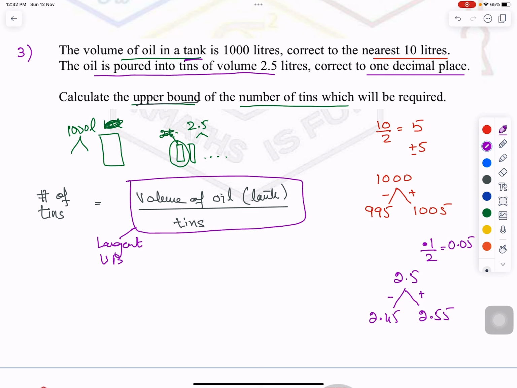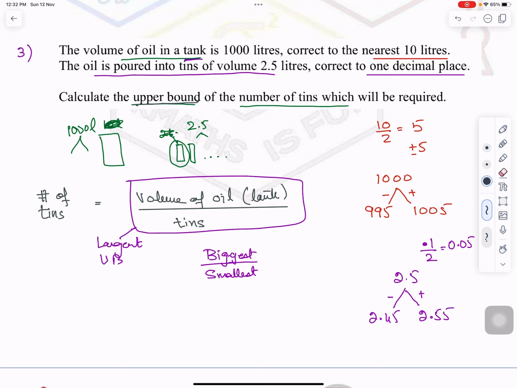Now this fraction will be largest only if your numerator is very big and your denominator is smallest possible. Biggest and smallest. I think you understand this concept. Because in a fraction, if you have the numerator biggest and the denominator smallest, you will get the largest answer.